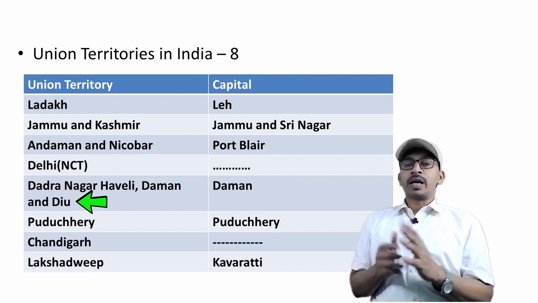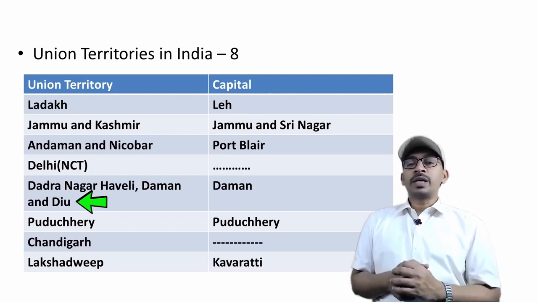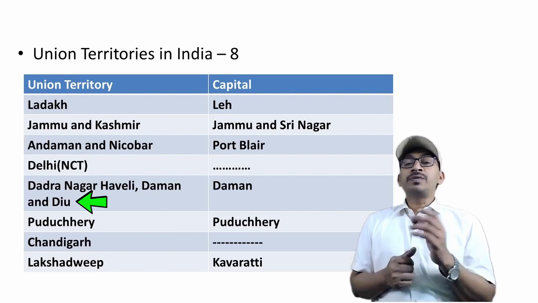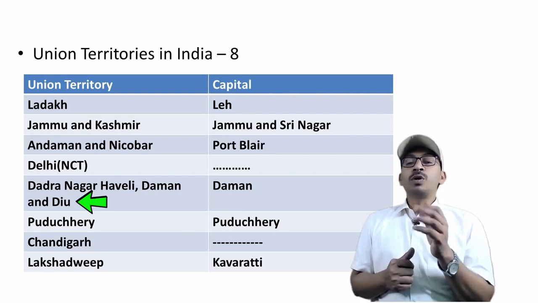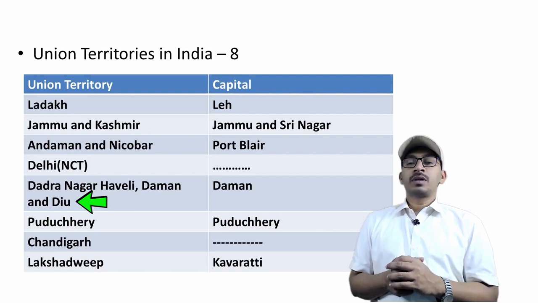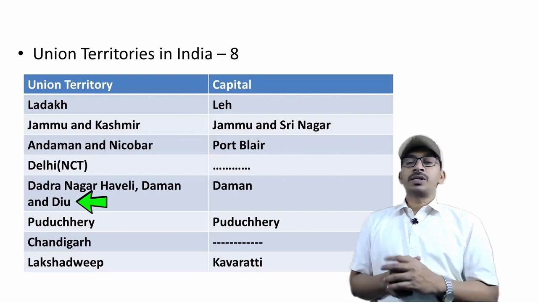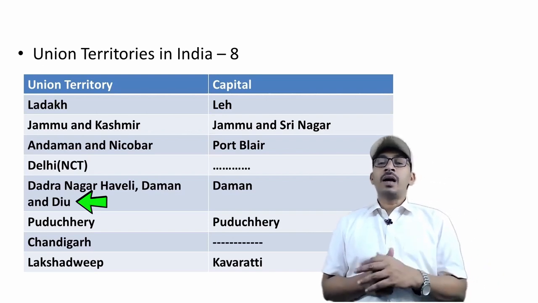At the time of independence, those areas were under the control of Portuguese people. So Indian government took those territories and they were declared as union territories based on agreement between India and Portuguese government.